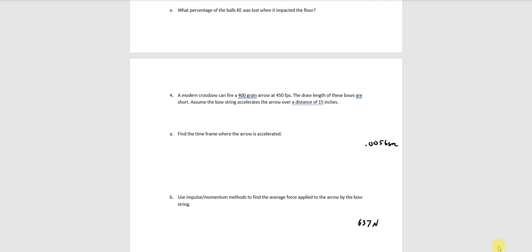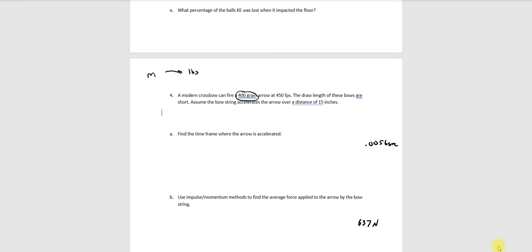First of all, let's convert these to what I would call standard physics units, I guess. No doubt we're going to need the mass of the arrow. And this is given in grains. That's a unit of weight. So look up how many pounds per grain and convert this to pounds.